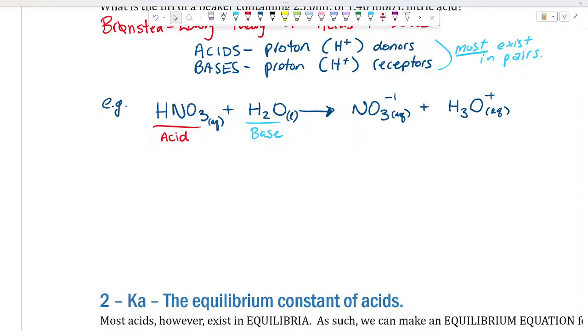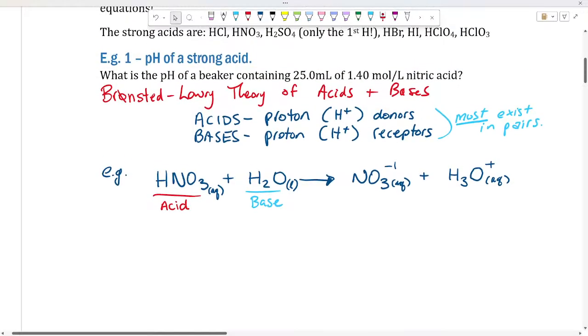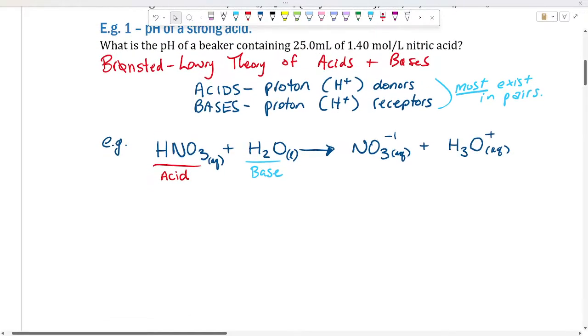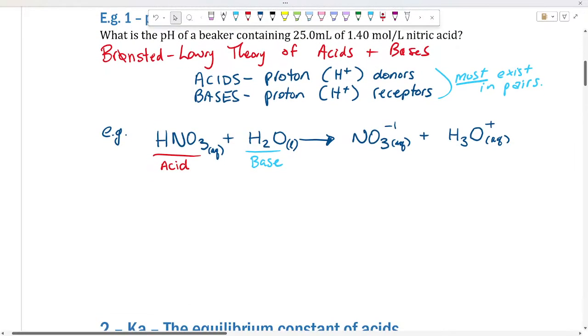But it asks us to find the pH of a beaker that contains 25 mL of 1.4 mole per liter nitric acid. Does anyone remember how we calculate pH? What's pH?